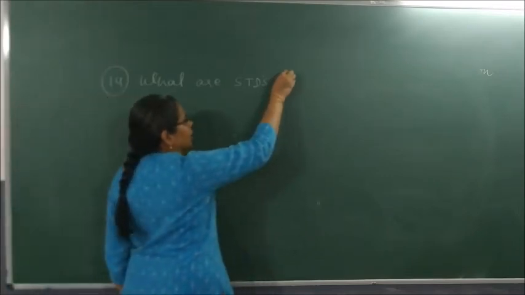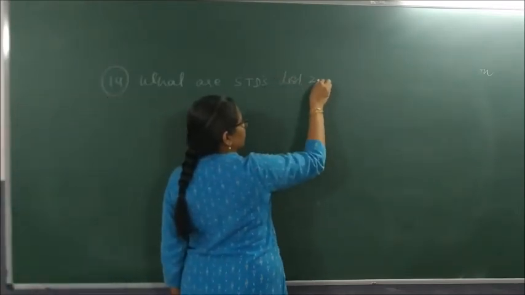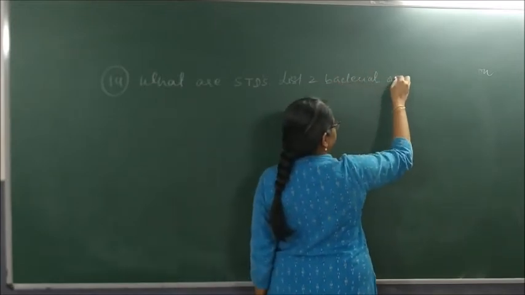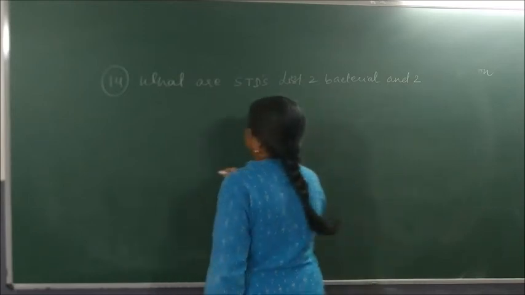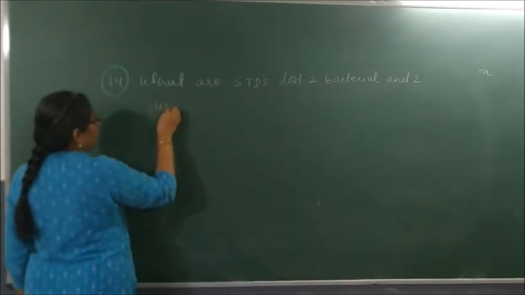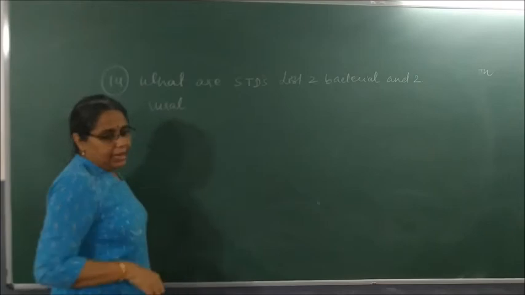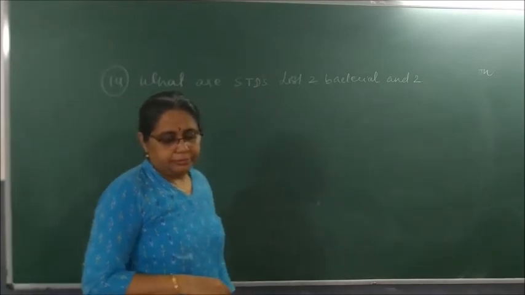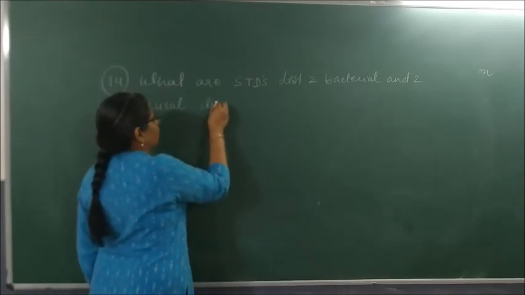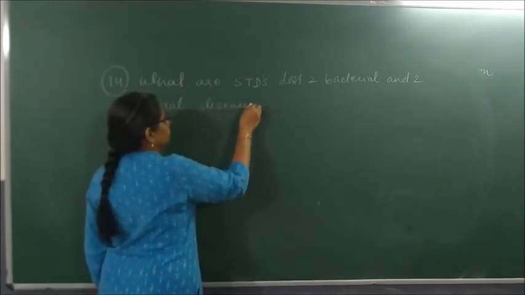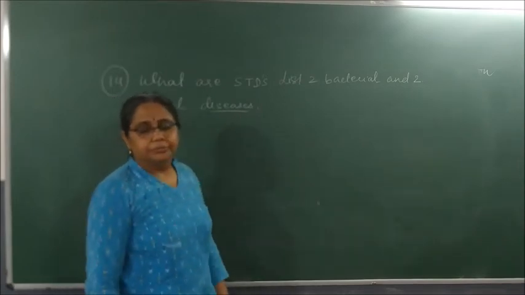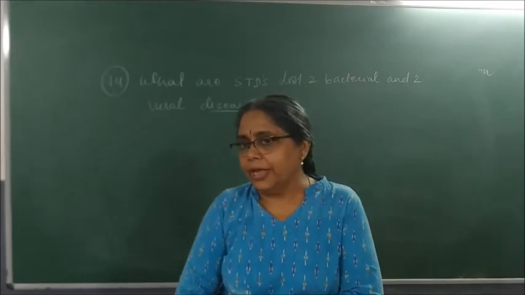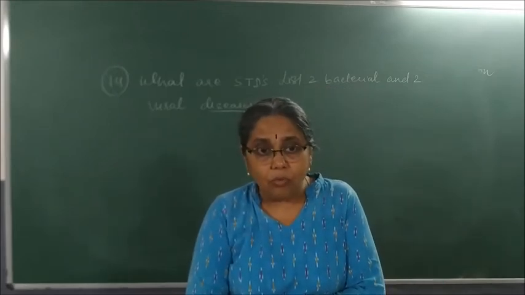Then, list 2 bacterial and 2 viral diseases. Bacterial diseases? Gonorrhea and syphilis. Viral diseases? AIDS and warts.